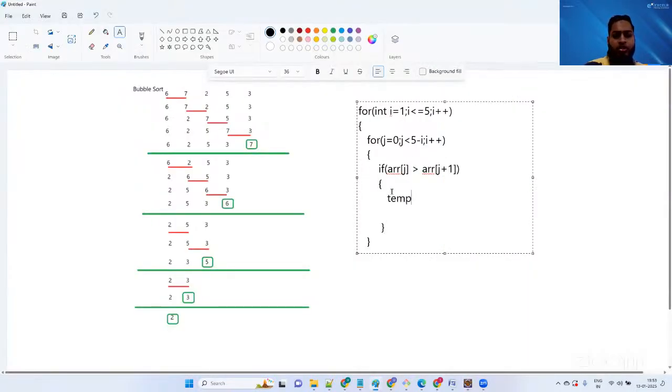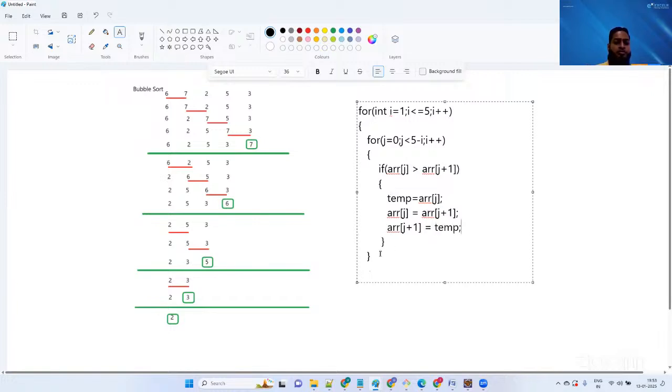ARR of j will go into temp, and ARR of j plus 1 will go into ARR of j, and temp will go into ARR of j plus 1. Like this. That's all. Rest logic remains the same.